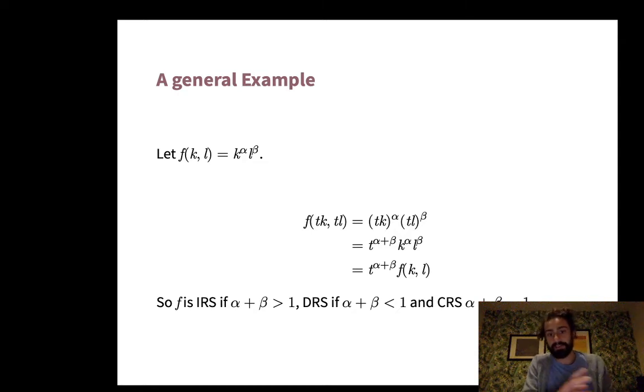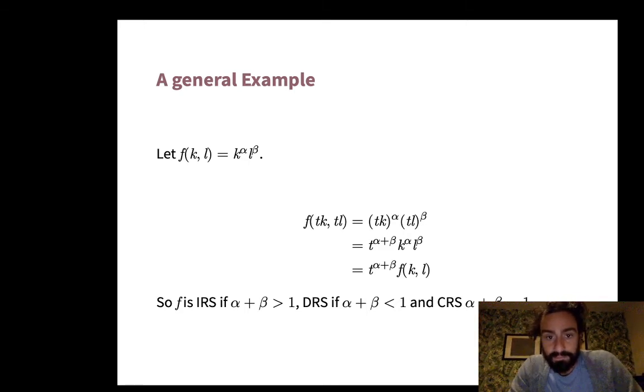T raised to the alpha times t raised to the beta is t to the alpha plus beta, which is greater than t whenever alpha plus beta is greater than 1. It's less than t, or decreasing returns to scale, whenever alpha plus beta is less than 1. These should be less than or equal to's, not strict ones. It's strictly increasing returns to scale if alpha plus beta is strictly greater than 1. And it's constant returns to scale when alpha plus beta is exactly equal to 1.